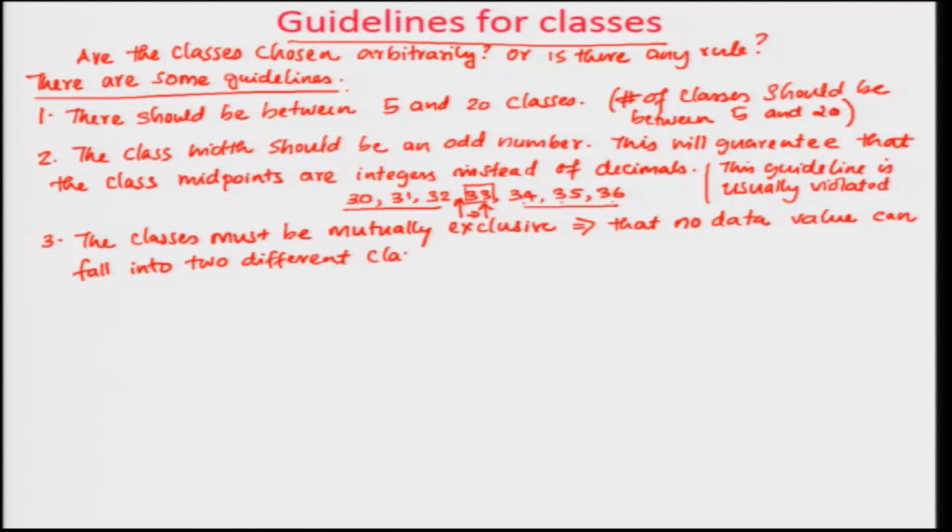Let me put it this way. If you say I have two classes, one class is 50 less than or equal to x less than or equal to 59, another is 60 less than or equal to x less than or equal to 69, then it is mutually exclusive, because the value of 59 will fall in this class, and the value of 60 will fall in this class.